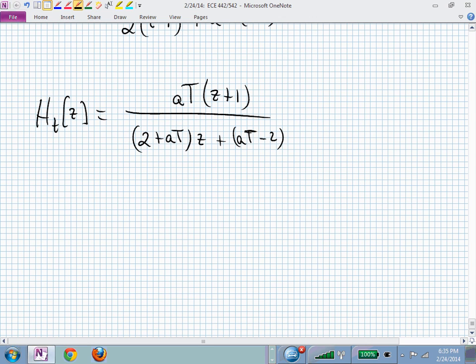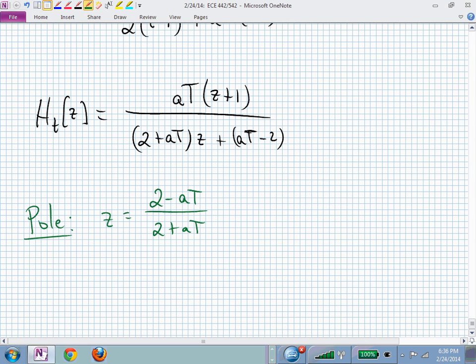Where is our pole? And how many poles do we have? We simply solve for z in the denominator when we set the denominator equal to 0, and we now have, let's say, the negative of that constant coefficient divided by the factor scaling z, and that gives us this 2 minus AT over 2 plus AT.